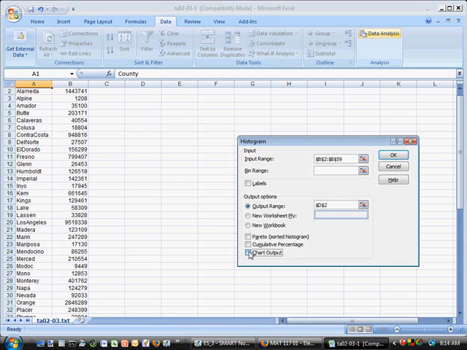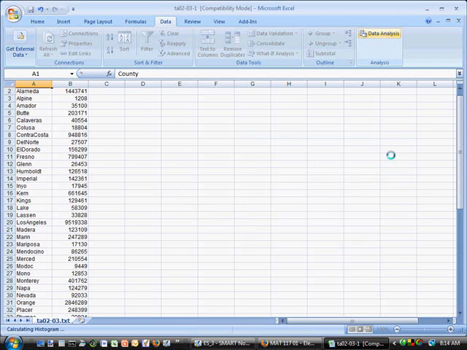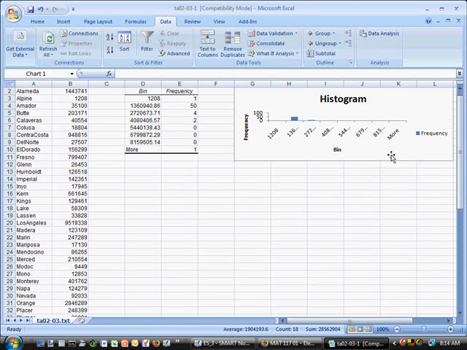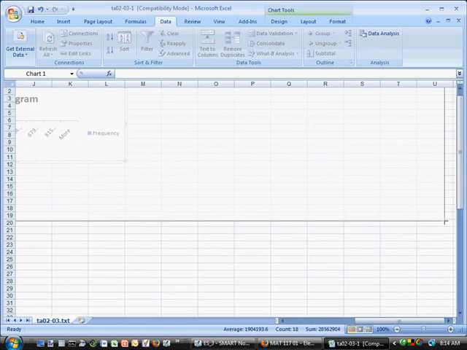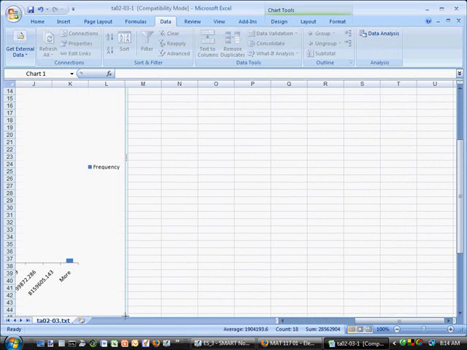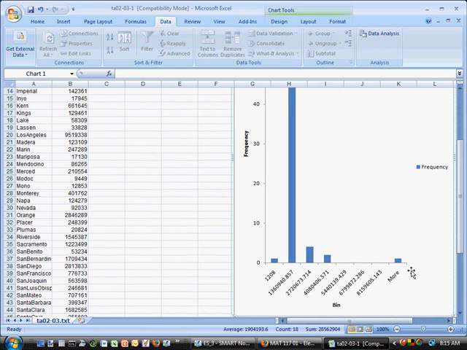Make sure you click chart output. Let her rip. Then you just have to unmidgetize it. Whoa. Happens to me sometimes. I guess I really unmidgetized it. Anyway, so you got a histogram. Looks like we have some outliers here, don't we?